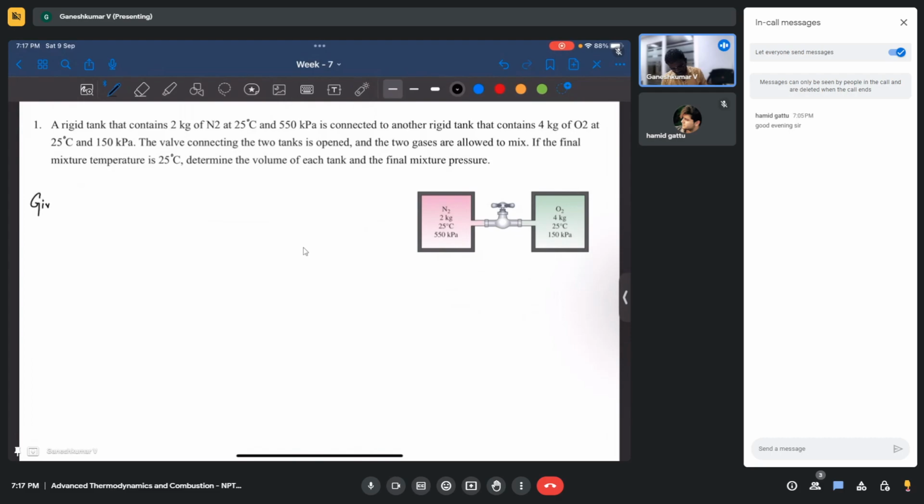Just write the given data. Temperature is 25 degrees Celsius, and I think the mixture temperature is also 25 degrees Celsius, so it doesn't matter. 25 degrees Celsius means 298 Kelvin. Pressure in tank 1 is going to be 550 kilopascals.